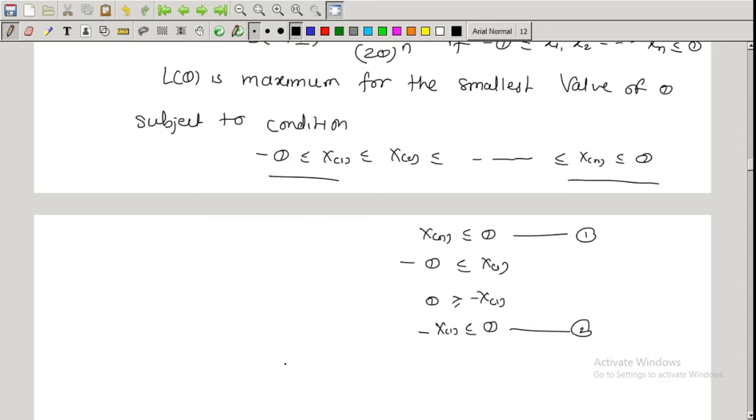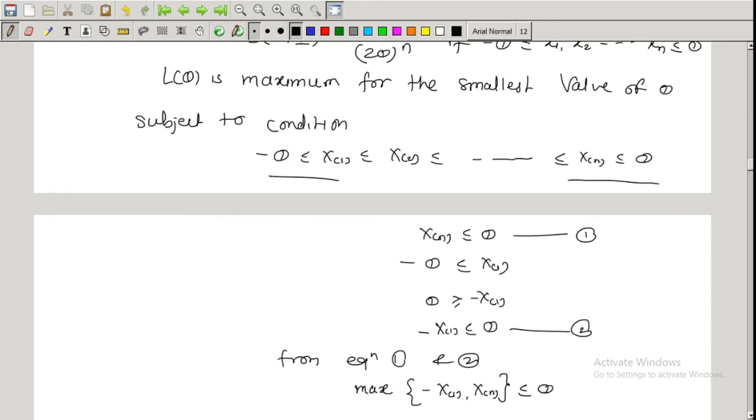So I can write from equation 1 and 2, maximum of minus of x order 1 and x order n is less than equal to theta.